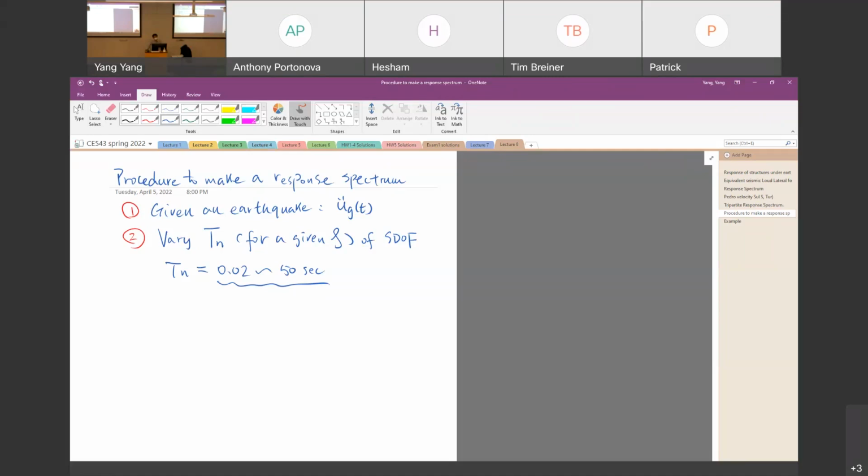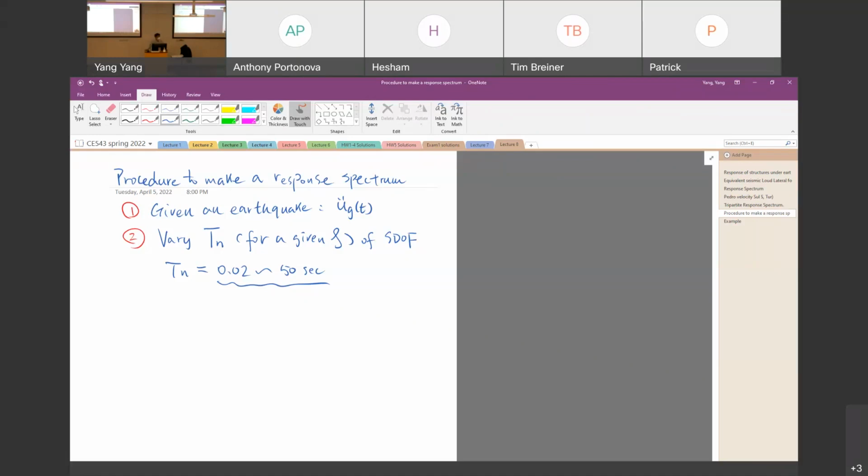If you have a very short span bridge, it typically has a very small natural period. And if you have a bridge with a very large span, for example a suspension bridge such as the George Washington Bridge, its natural period is much longer than that of a very short span simply supported girder bridge.